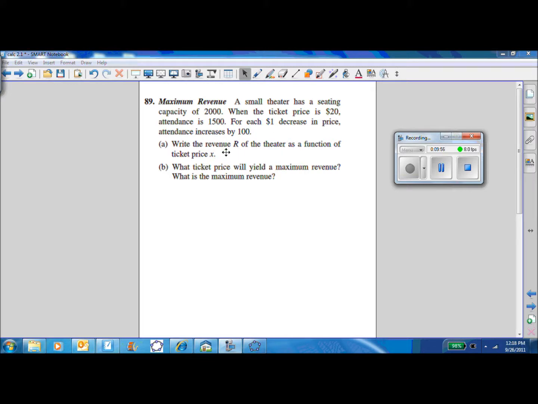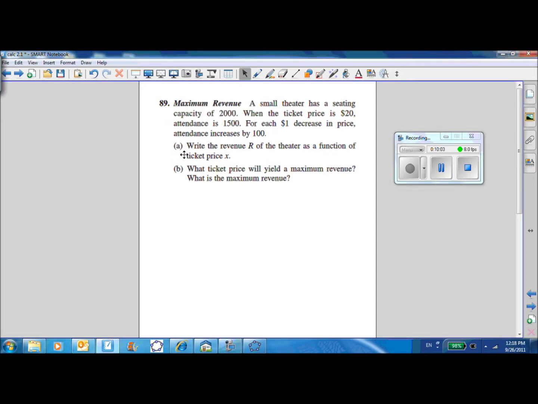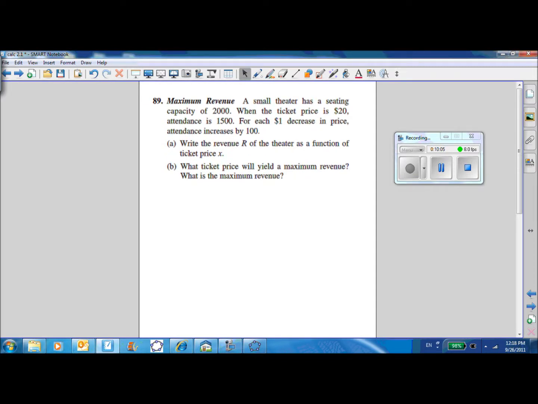Well, the first thing I'm going to do here is I'm not going to write that as the ticket price. I'm going to change the name of the variable, okay? Just because it's going to be easy for you to conceive the problem. If instead we let x equal the number of $1 decreases.